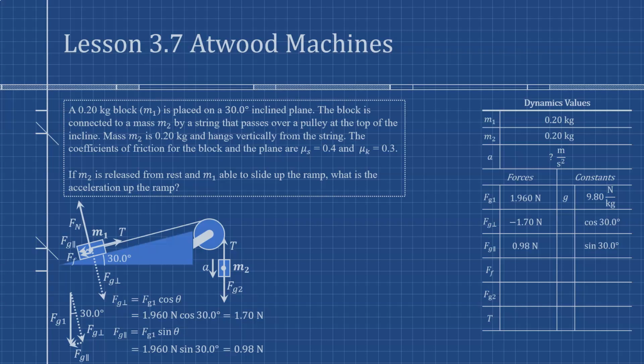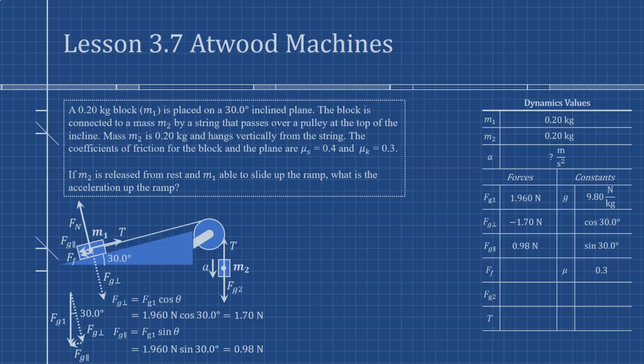You always think through your signs when you actually plug the values into your equations. But what about friction? Well, I know the coefficient of friction is 0.3. That's the one that we chose because it's kinetic. But I don't know any of the other forces I need to know to find friction yet, right? Well, let's go ahead and figure some of those out.